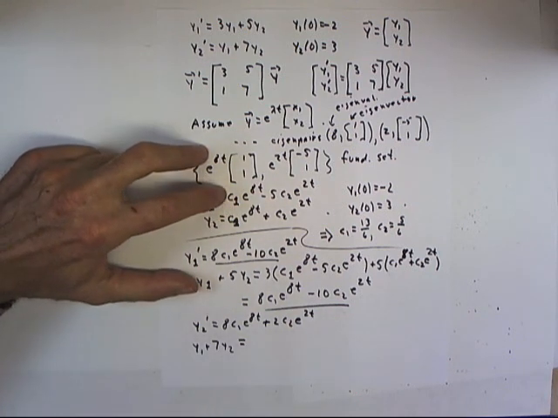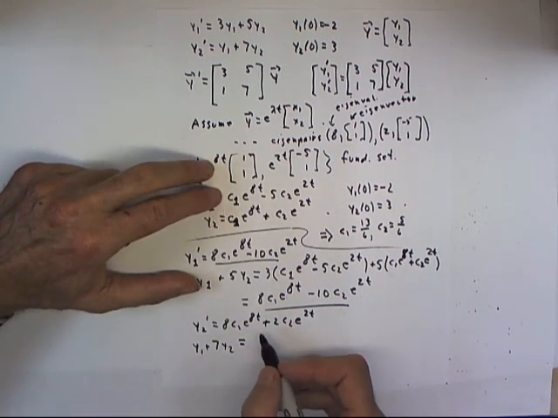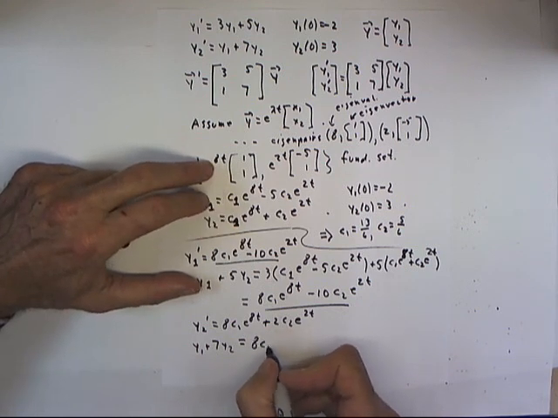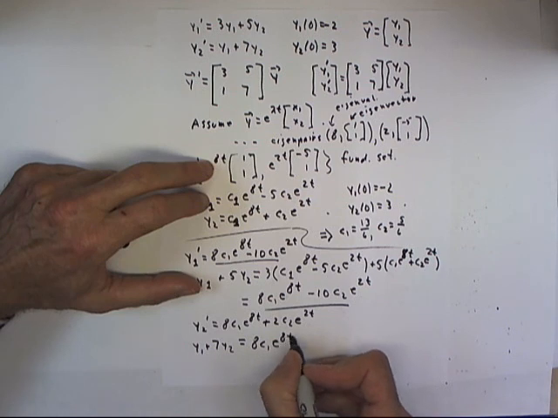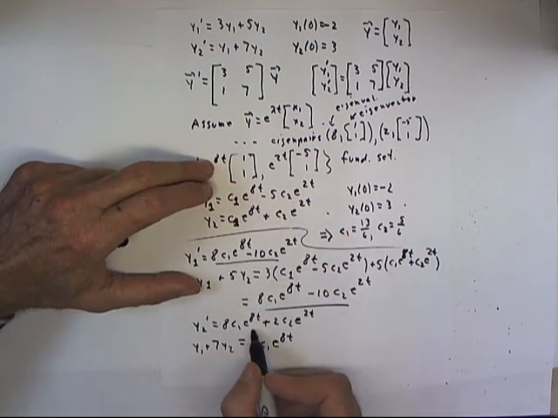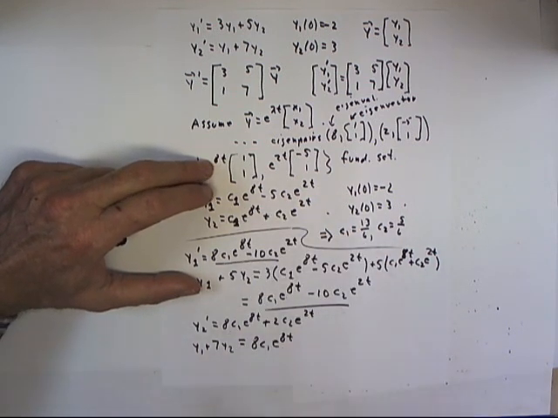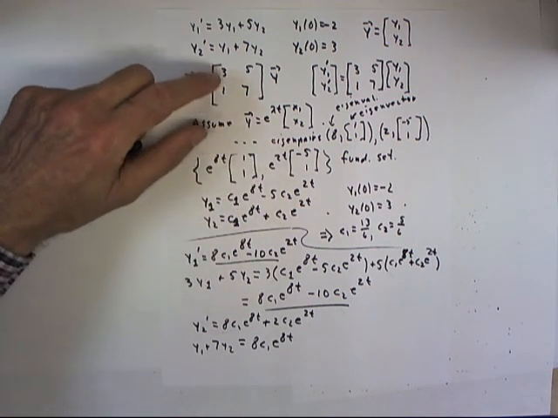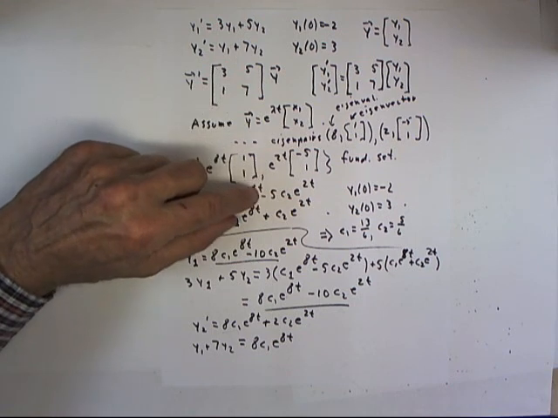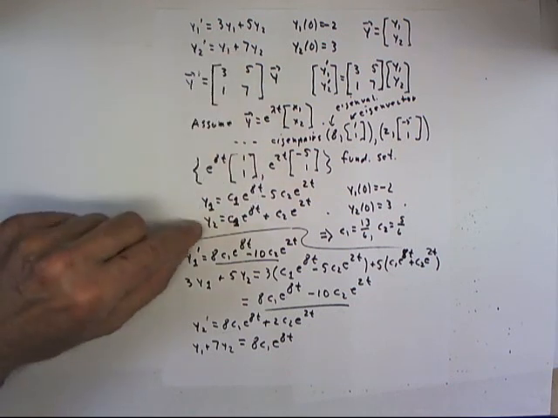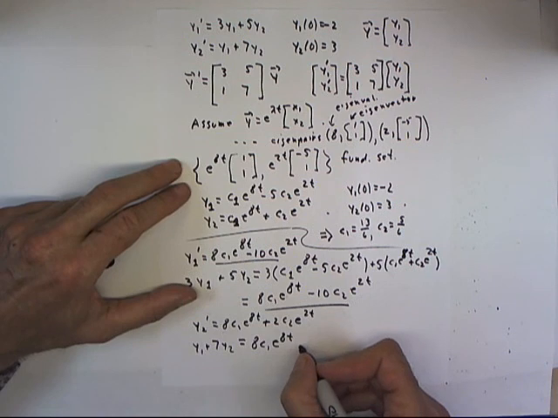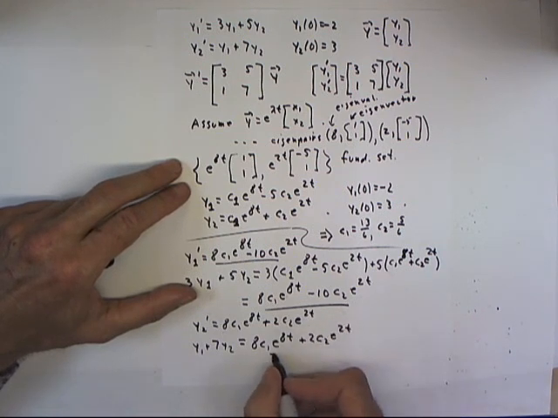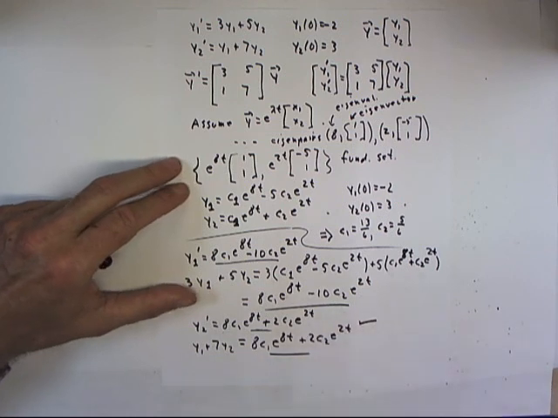Well, if we do y1 plus 7y2, we get c1 plus 7c1, which is 8c1 e to the 8t. And that matches what we got here. And then we have negative 5c2, that's our y1, and 7y2 is going to give us plus 7c2, so that's going to be plus 2c2 e to the 2t. And these are the same, and that checks.